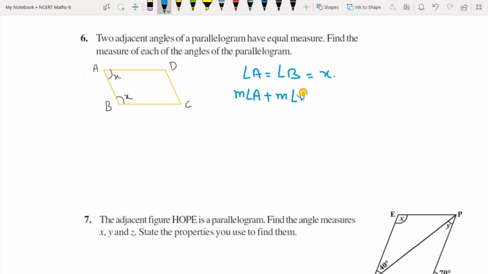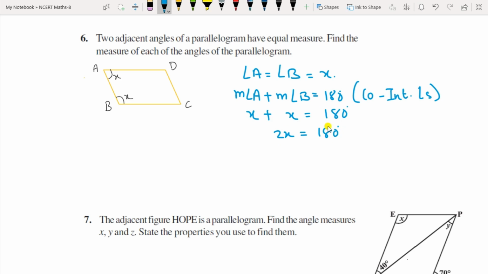Measure of angle A plus measure of angle B equal to 180, because the reason is co-interior angles. So x plus x equal to 180, that is 2x equal to 180. So that gives x equal to 180 by 2.